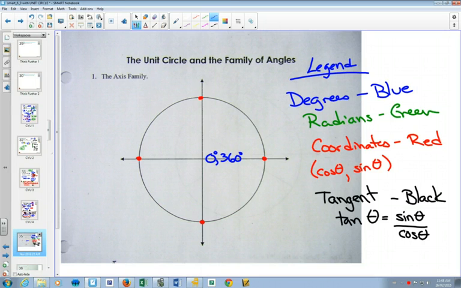Standard position starts at the positive x-axis, and you can see that would be 90 degrees, right? Halfway around to this point would be 180 degrees. To get to the point at the bottom, you would have 270 degrees.